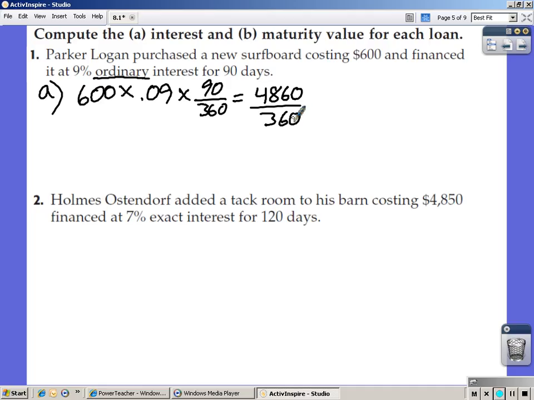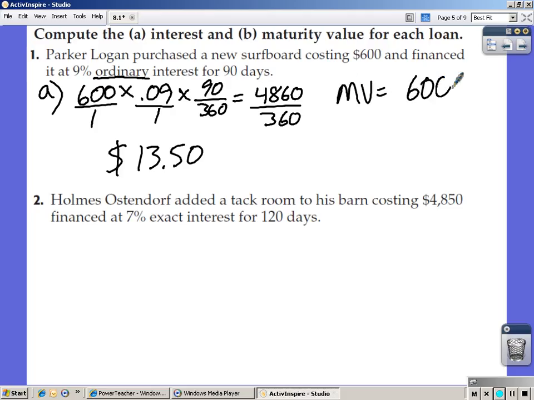Remember, top times the top, bottom times the bottom. Okay? 4860 divided by 360 gives you interest of $13.50. Now, in order to find the maturity value, take the price of the original item plus the interest that you just came up with. Your maturity value is $613.50.